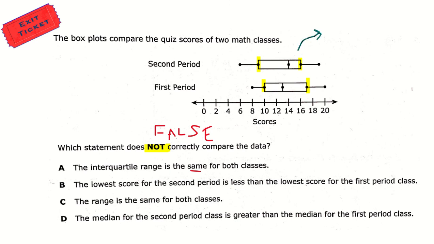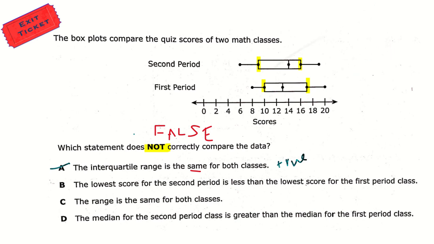For second period here, it would be 16 minus 9. That's 7. And then for first period, that's going to be 17 minus 10. So that would also be 7. The interquartile range is the same for both classes. This is true. But remember, we are looking for the false statement, so we don't want A.